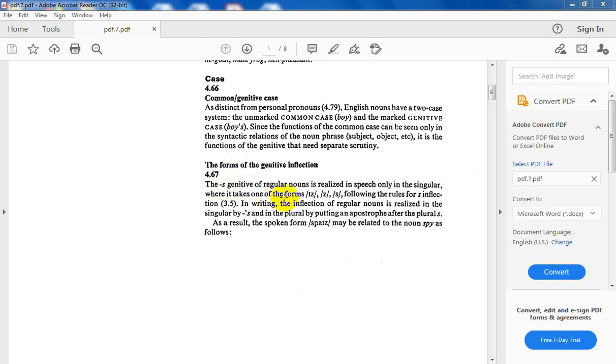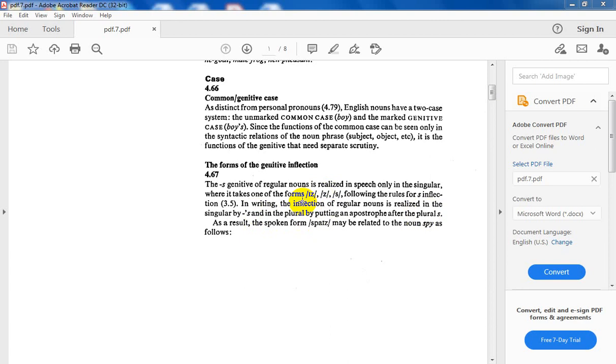The S genitive of regular nouns is realized in speech only in the singular. It takes one of the forms following the rules for S inflections. In pronunciation, I say boy's, I say, for example, door's.